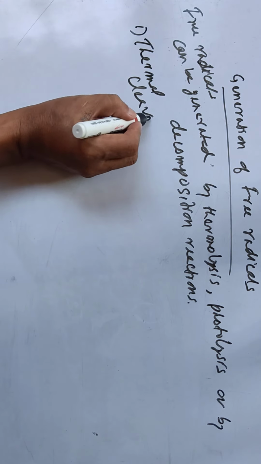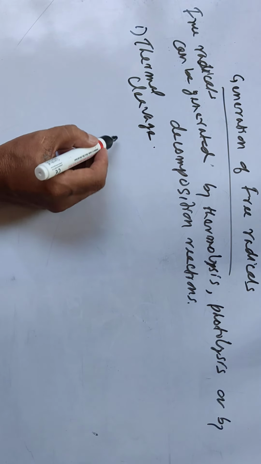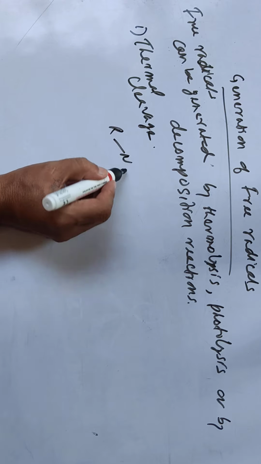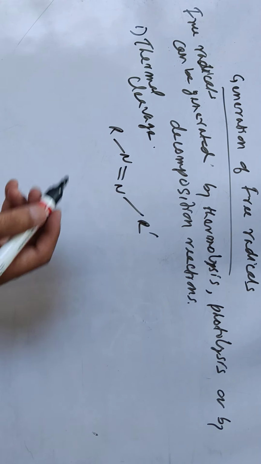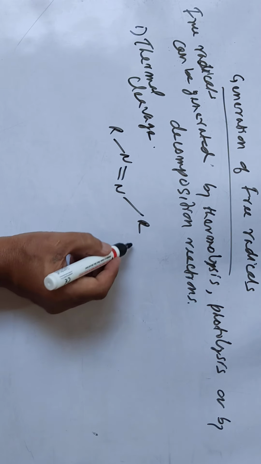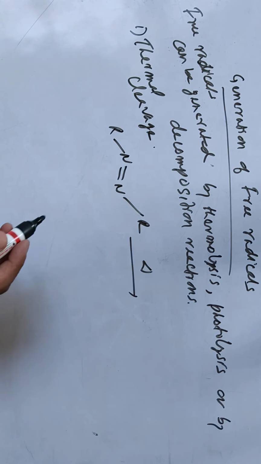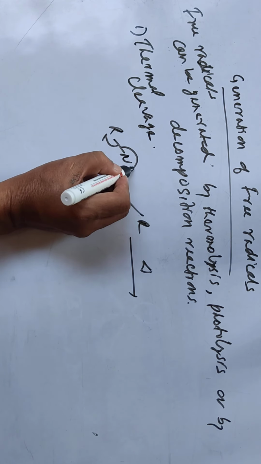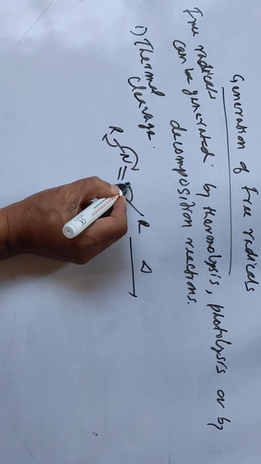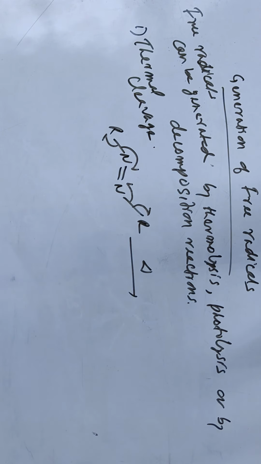Okay. So here, take homolytic fission. Radicals are generated by homolytic fission. Many examples are here of thermal cleavage. For example, say azo compounds. By heating, thermal cleavage, they are represented by half arrows, fish hooks.